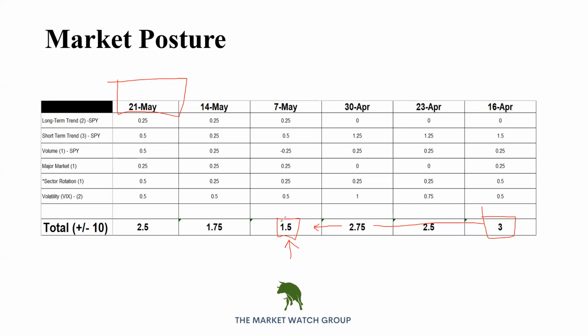But then the next week, remember, we were still at the bullish end of neutral. We stayed at the bullish end of neutral, and we actually improved a quarter of a point. So our concern on this April 30th to May 7th drop dissipated. Some of you may remember this period of time, because right around, I believe it was May 8th, what happened?